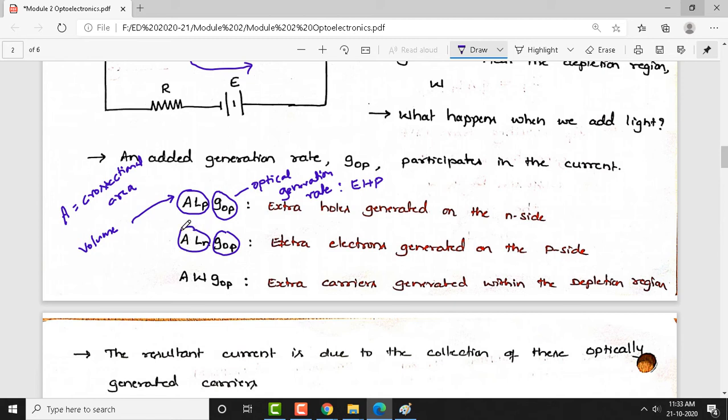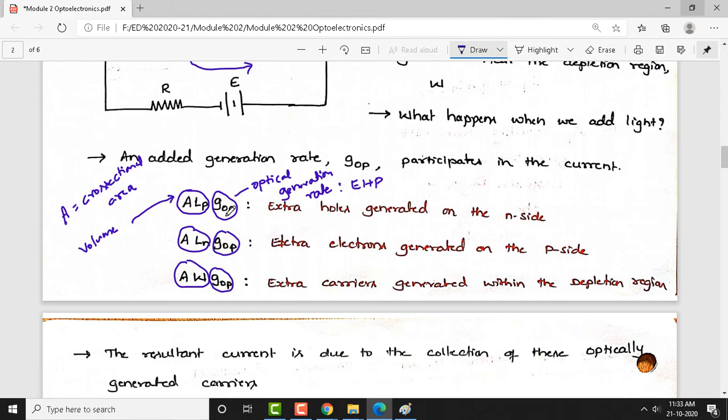And lastly, with reference to the depletion region, we have A W times GOP. Again, A times W gives you the volume of the depletion region. Within that volume, the optical generation rate is GOP. So, these are the extra carriers generated within the depletion region.